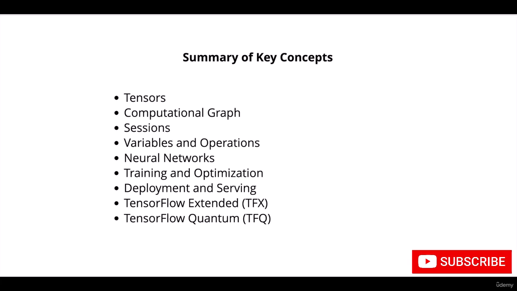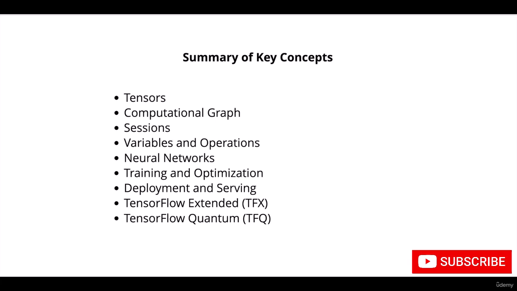TensorFlow uses sessions to execute operations and evaluate tensors within a computational graph. Sessions allocate resources such as CPU or GPU and manage the execution of operations in the graph. Sessions are responsible for initializing variables, running operations, and releasing resources after computation.